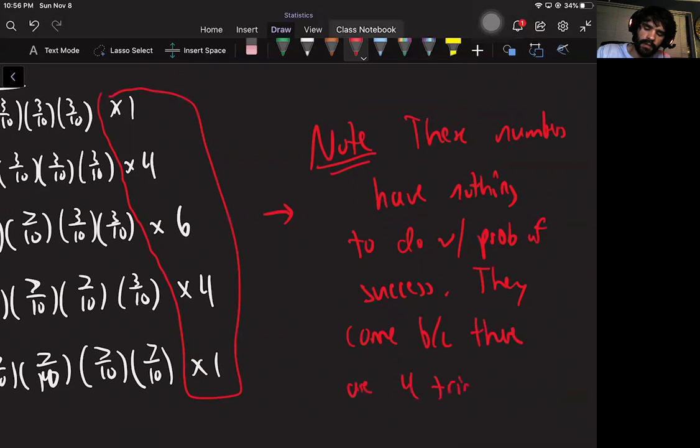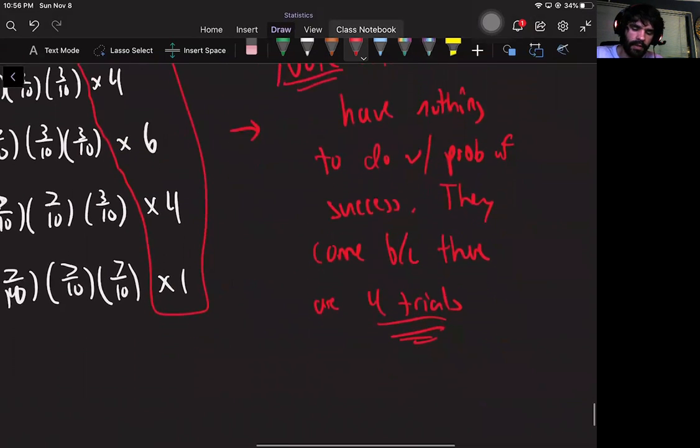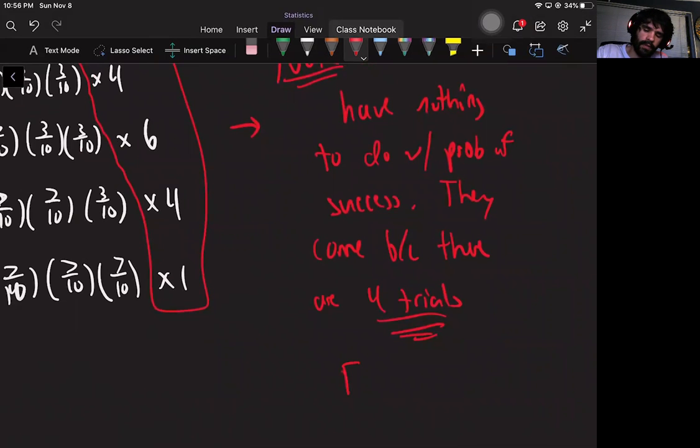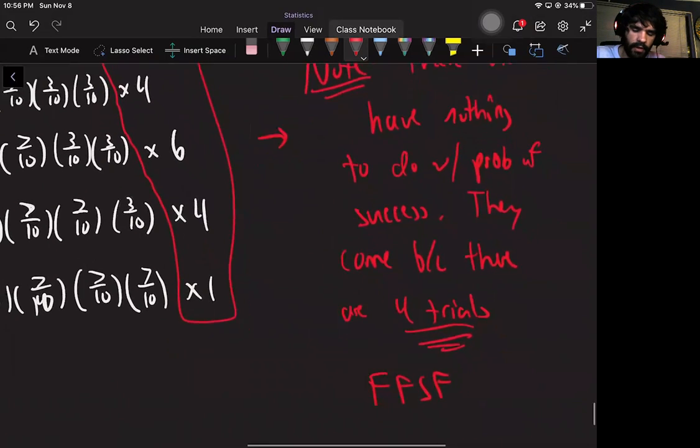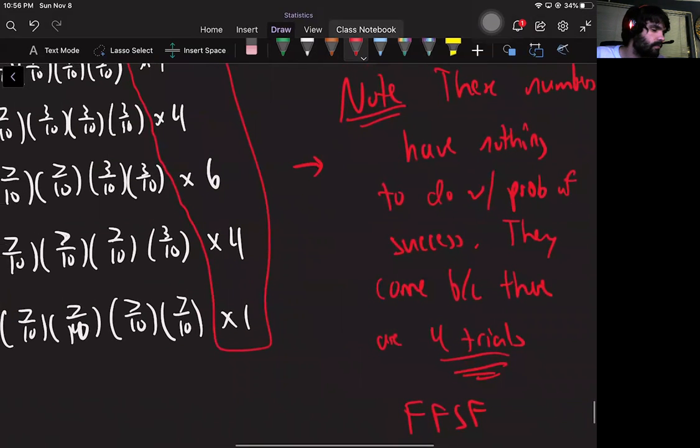So as long as there's 4 trials, that's what dictated these numbers, because they came from drawing out these little things like this. But if there were 5 trials or 6 trials or 3 trials, you would draw a different amount.